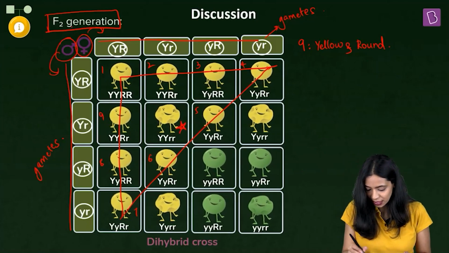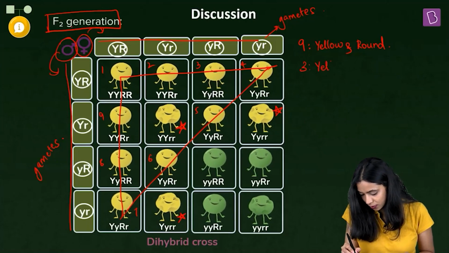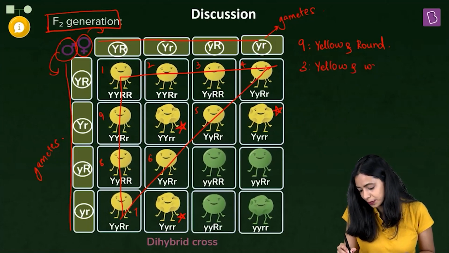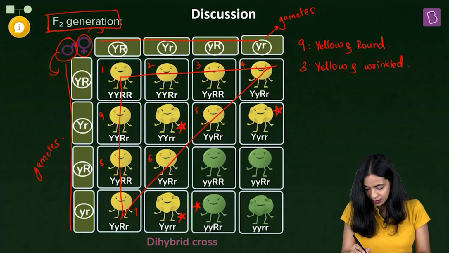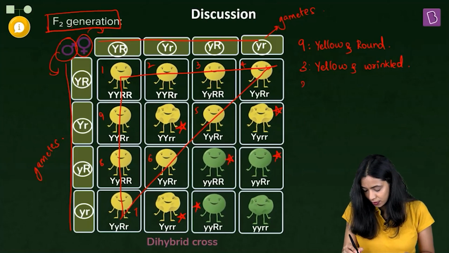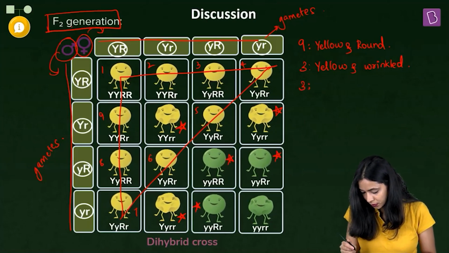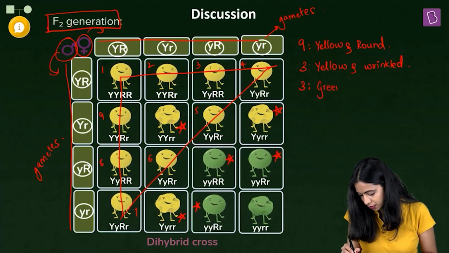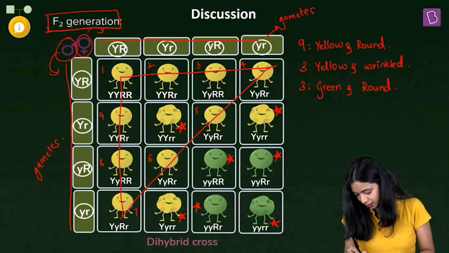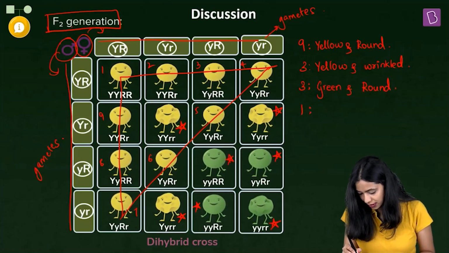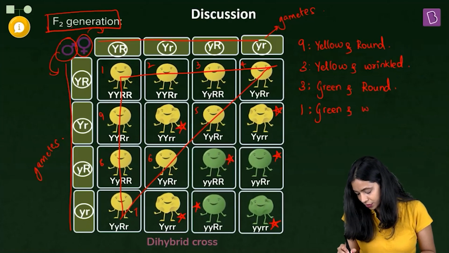And you will have 3 out of 16 that are yellow and wrinkled. And these 3 here will be green and round. And you have 1 here, the last box, that is green and wrinkled.